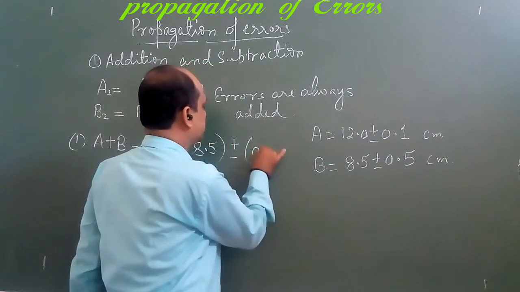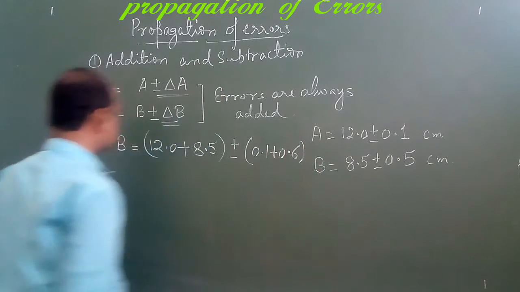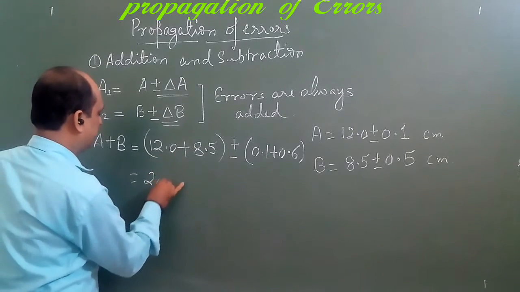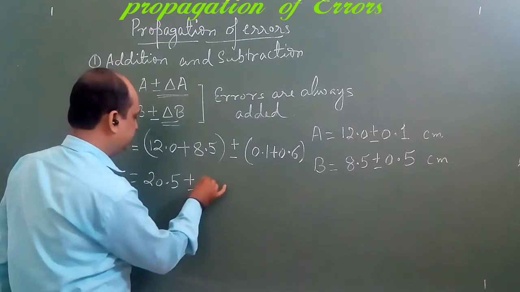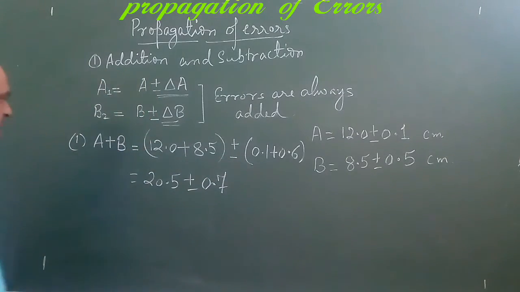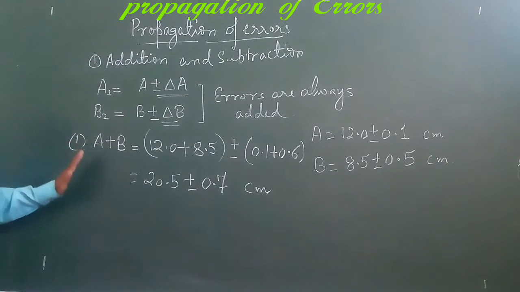So that is 0.1 plus 0.6. So that is 12 plus 8, 20.5 plus minus 0.7. This is our result for the sum of two lengths. Okay.